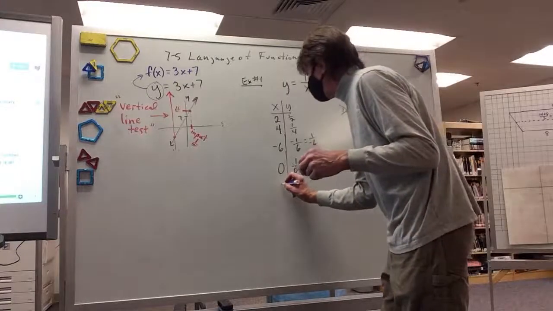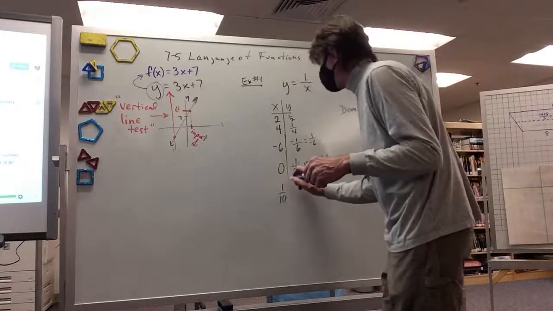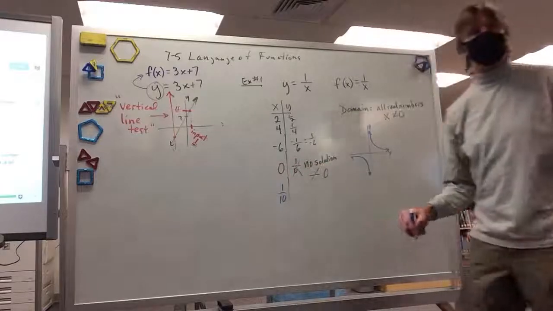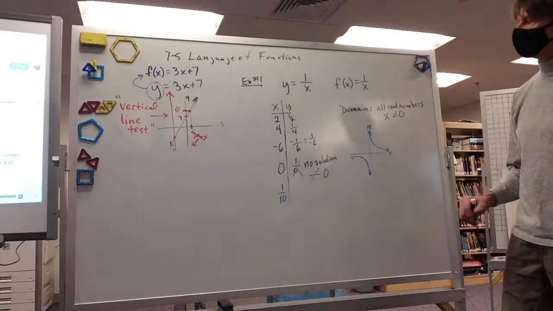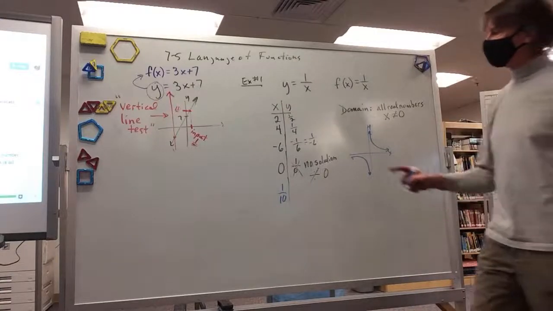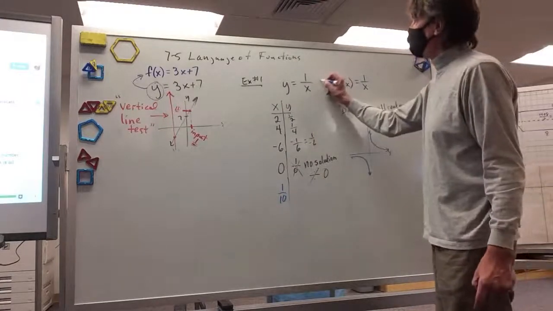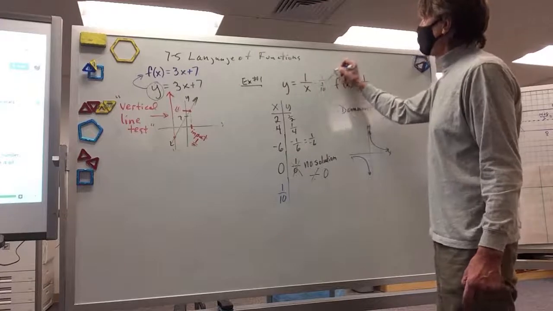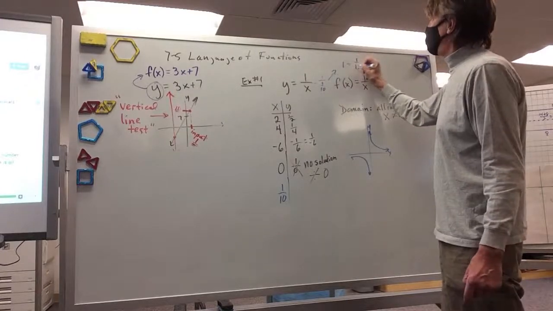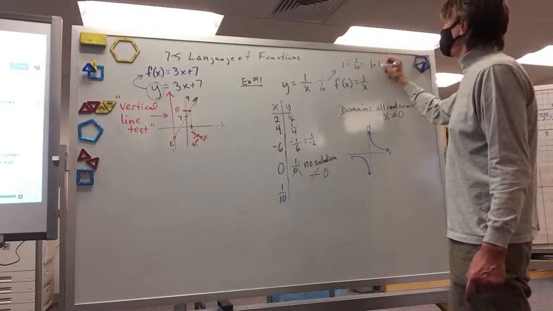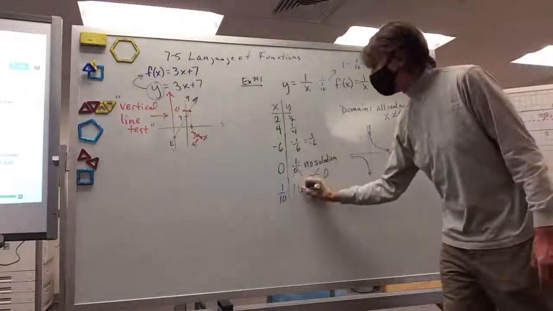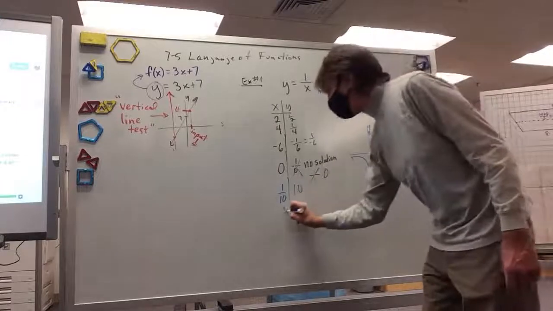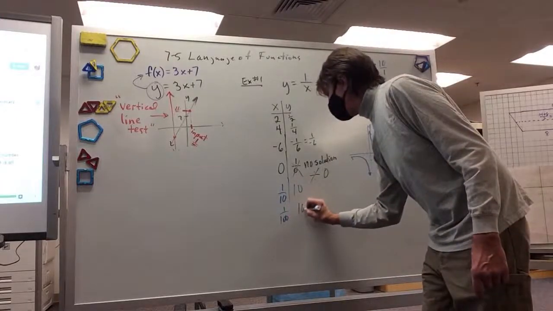Let's say you had 1/10 as your x value. What is the y value going to be equal to? That's going to be 1 over 1/10, which is the same as 1 divided by 1/10, which is the same as 1 times the reciprocal. So that's 10. And if you had 1/100th, it'd be 100.